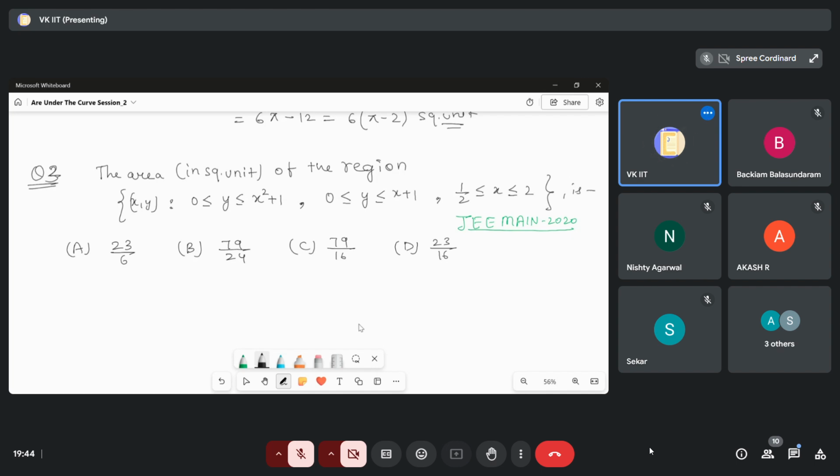First of all, draw the diagram. Yes, any answers?